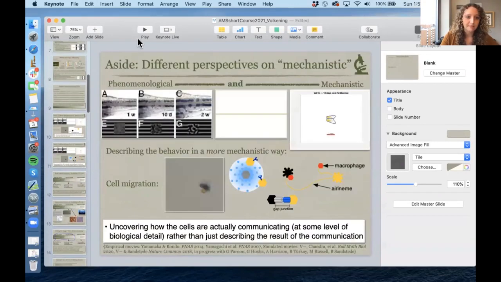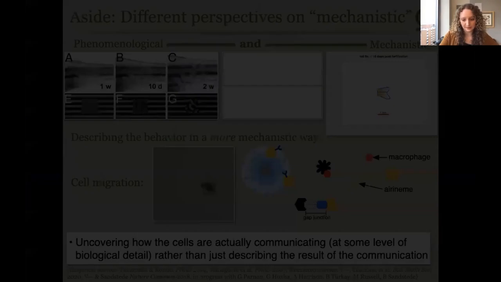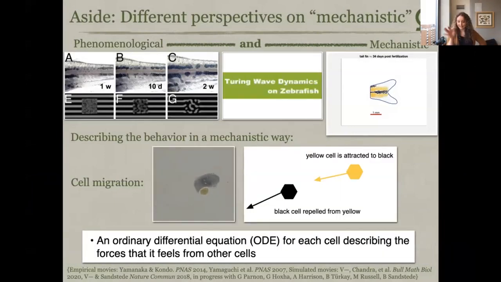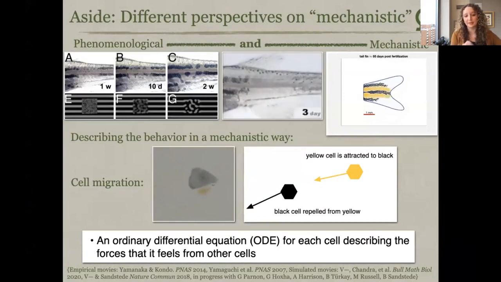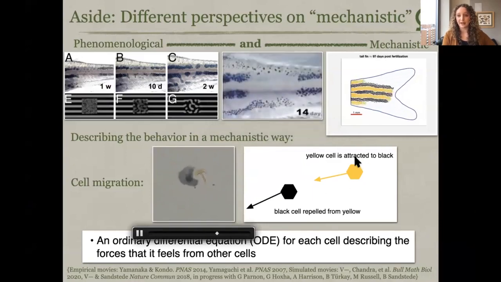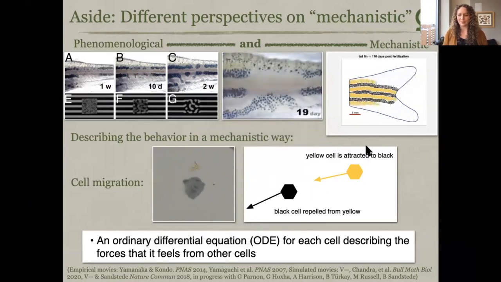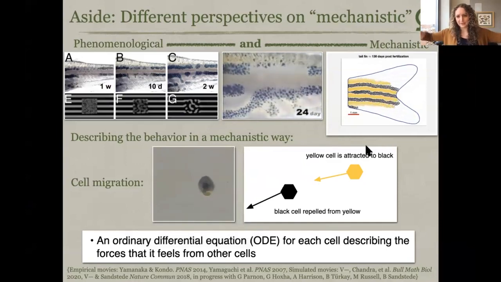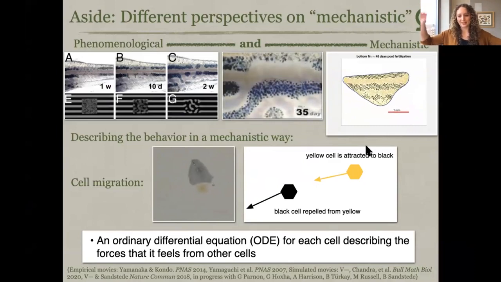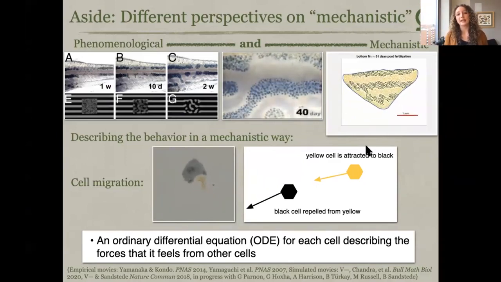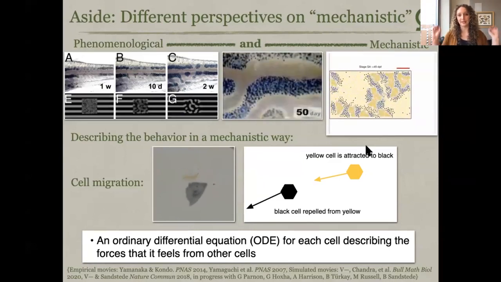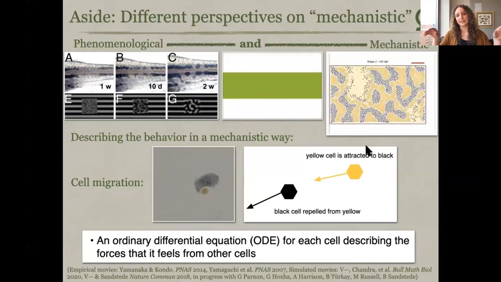So for example, in this system, because I know the most about this system, when I was initially building these models, all we knew was that black cells are repelled and yellow cells chase. If I had built a model that said black cells have a diffusing signal that spreads out from them, and when the density is greater than 32 with some units, then the yellow cell moves away, and there was no biological data on that being the case, that would just be me throwing a bunch of guesses and assumptions into the system.